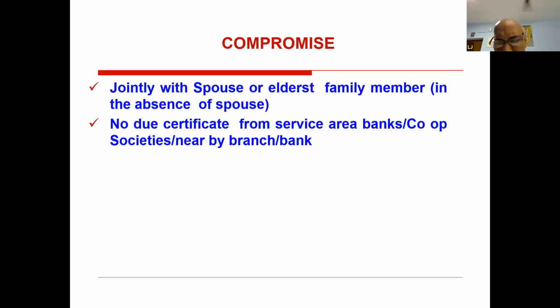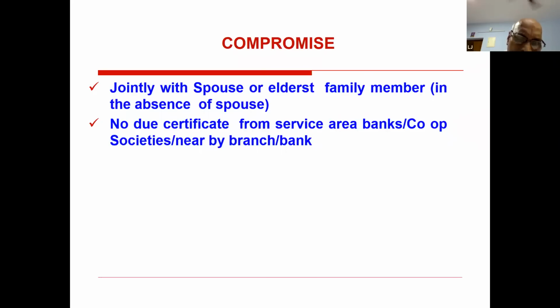You may ask me, sir, why spouse as joint borrower? To inculcate a habit of discipline among the borrower, so he cannot think this also can be written off. So to inculcate discipline in the borrower, you are taking the spouse jointly. And then the last point, 4 points in all. The first point is he should have paid at least 10% of the original loan principal amount.